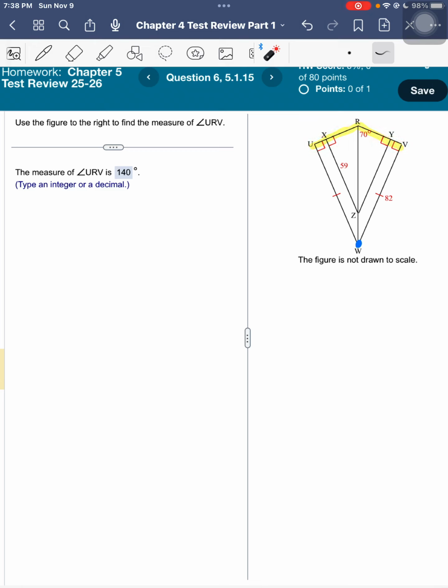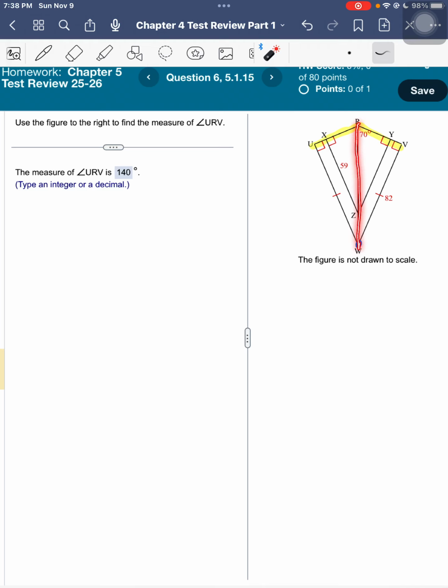The reason I don't like this question is because this does not look like an angle bisector, and this does not look like an angle because it doesn't have these little arrows. But you need to understand that this is just an angle that's being bisected because the sides that are connecting the sides of the angle are equidistant to a point on the angle bisector.